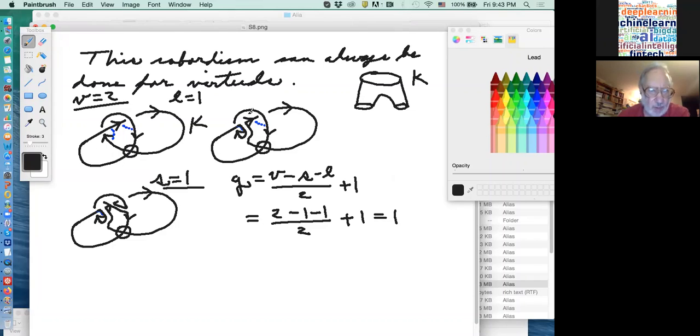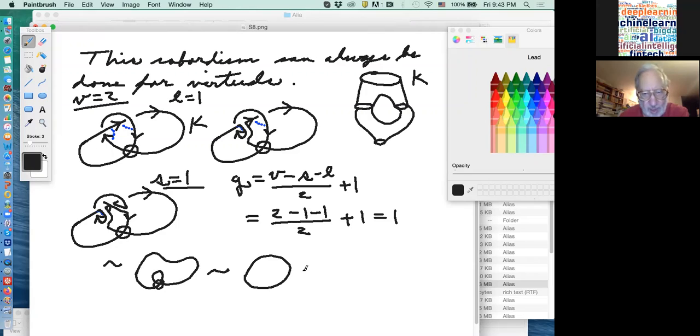Then we went through one more saddle that brought us back to a single curve. And that single curve is equivalent virtually to this, and this can go by a death. So it caps off. And the genus is equal to 1, as predicted by our formula.